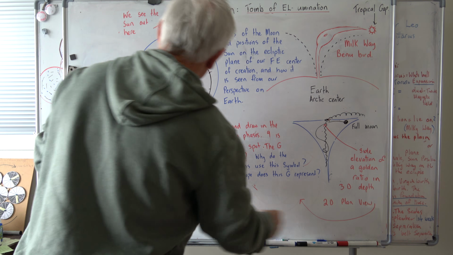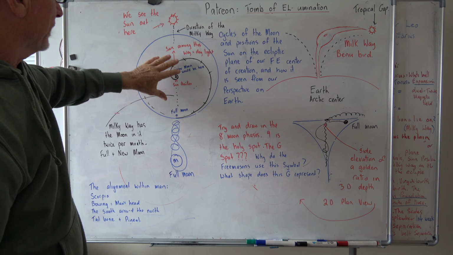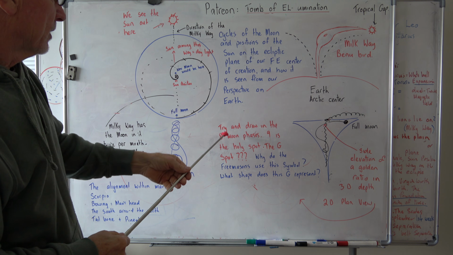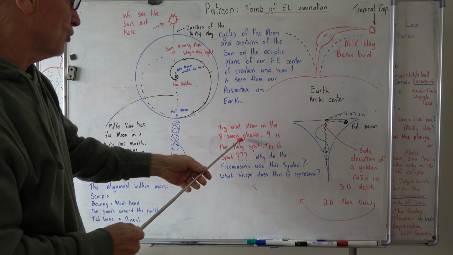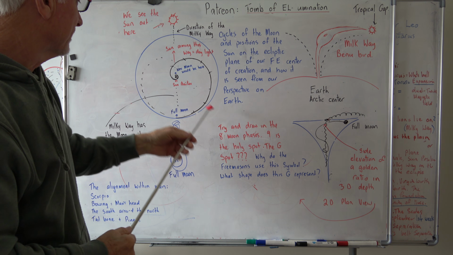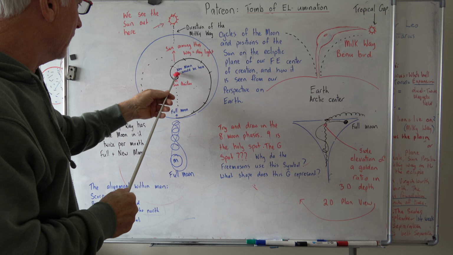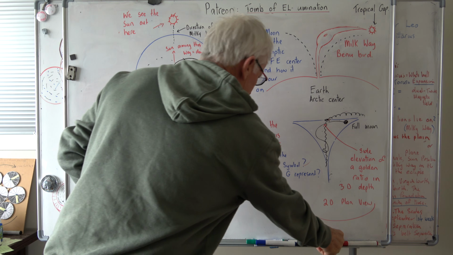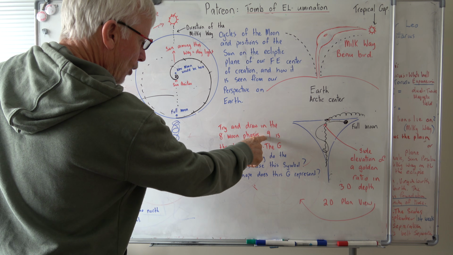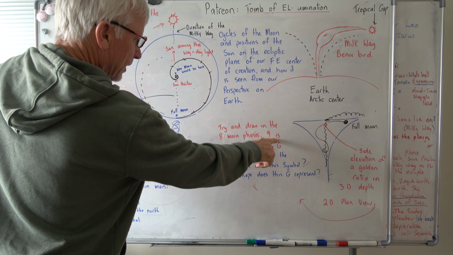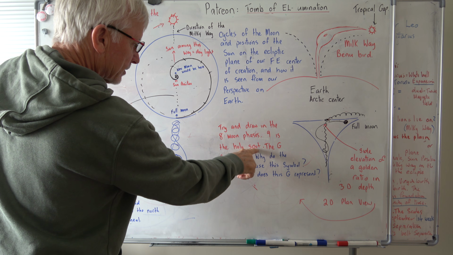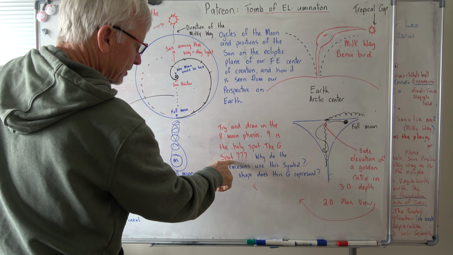Now, with the circle here, the cycle, try and draw in 8 moon phases. But realize when it comes in here, that is the 9. That is the 9, the divine number, is the holy spot, the G spot.